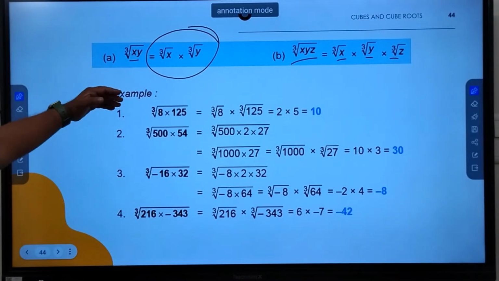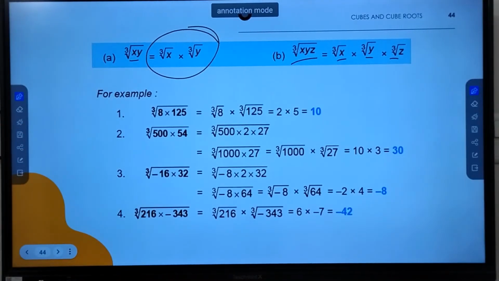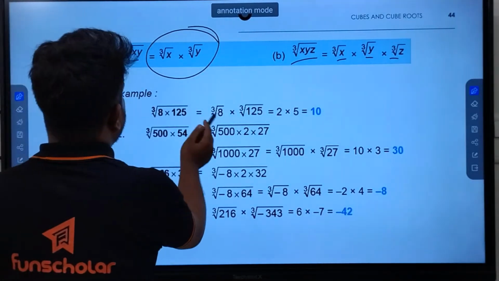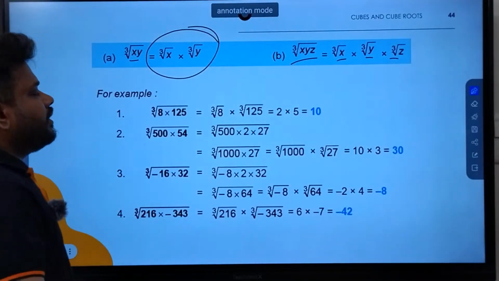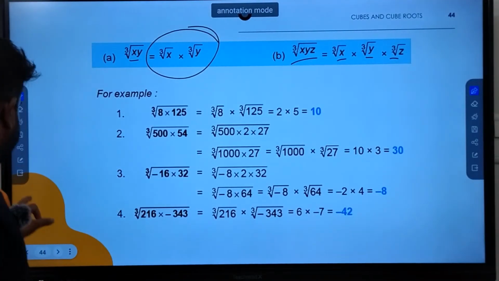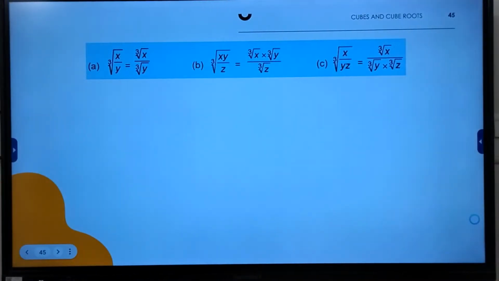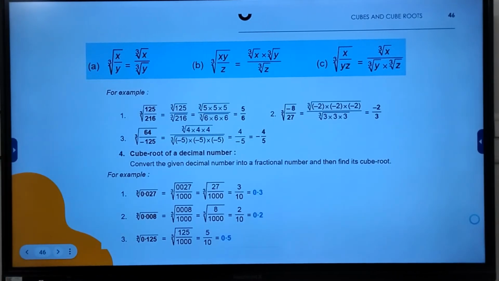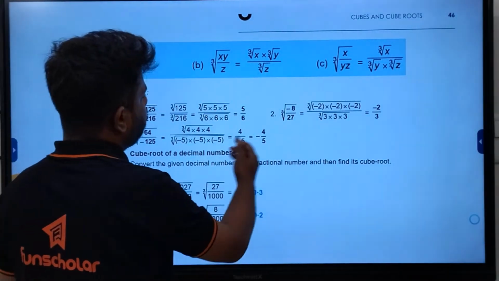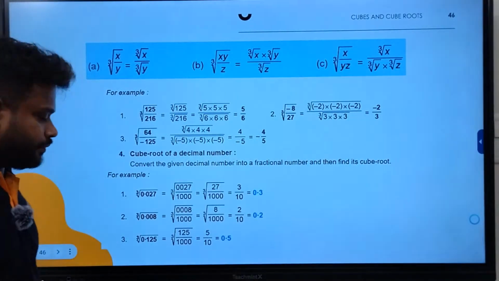Just for example, they have given some examples of how you can break down two numbers and find out their cubes. Yes, they have already given you the examples of how you can solve these kinds of sums.